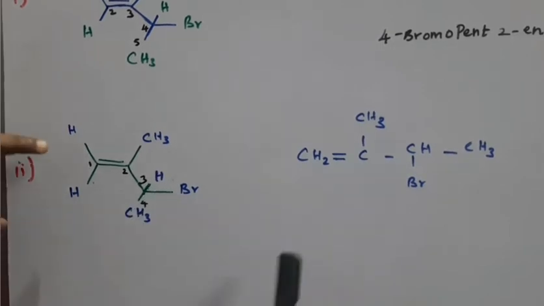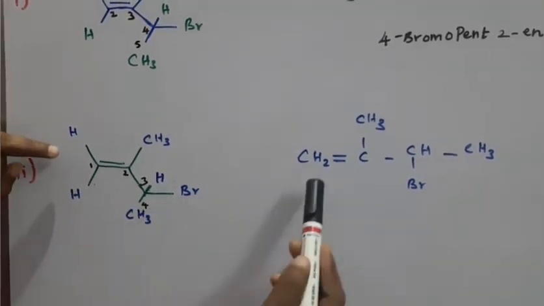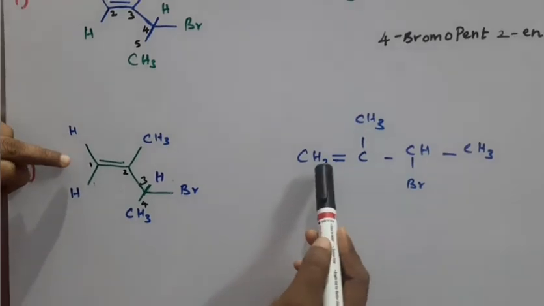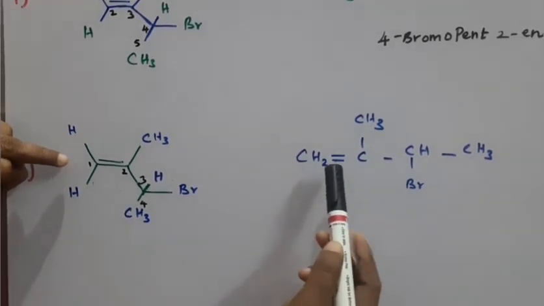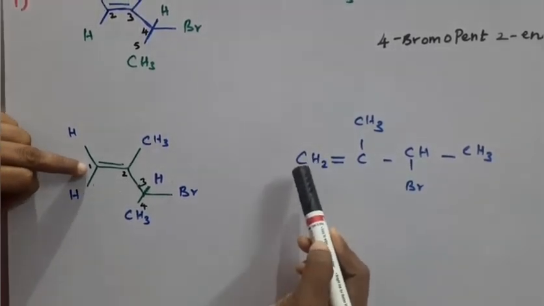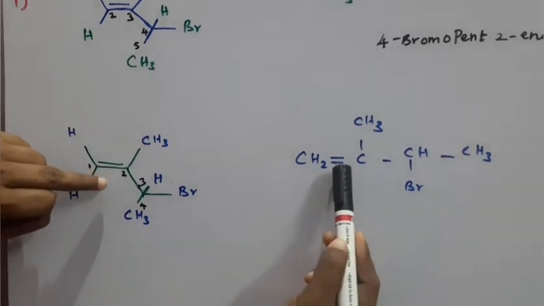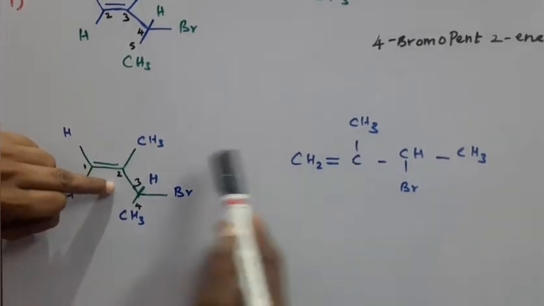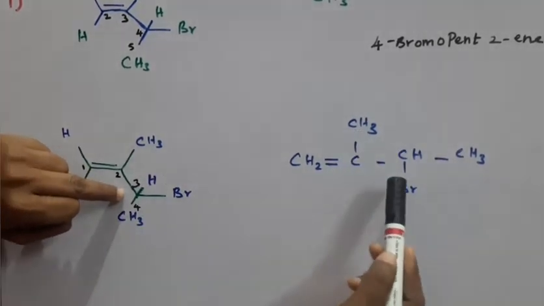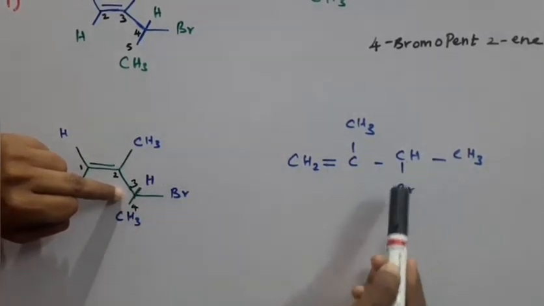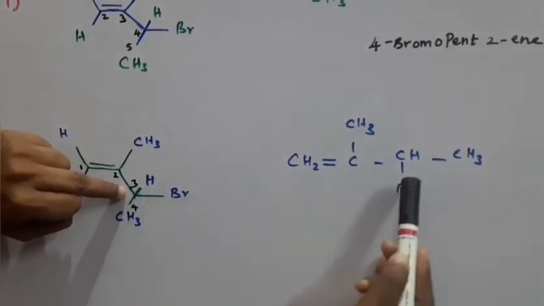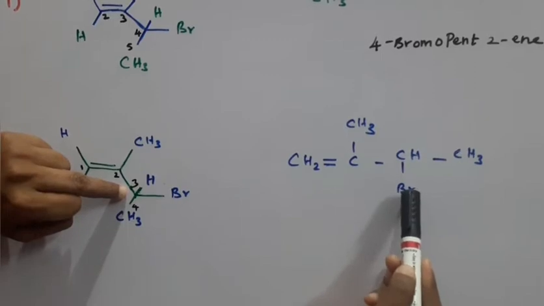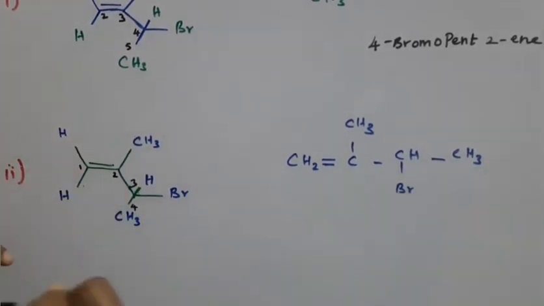For this compound also, write it the easy way to avoid mistakes: first carbon CH2 with the double bond, then C with one methyl group, then the third carbon CH with a bromine substituent, ending with CH3.